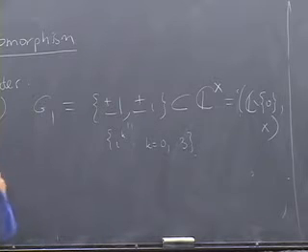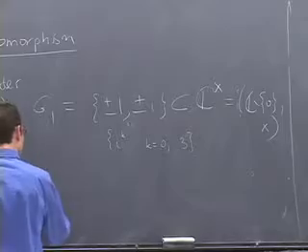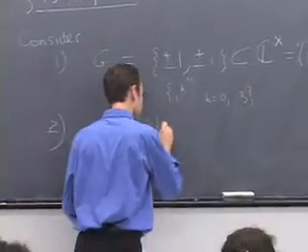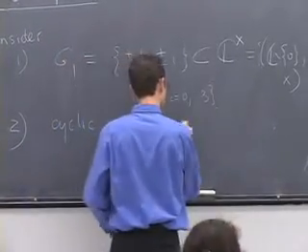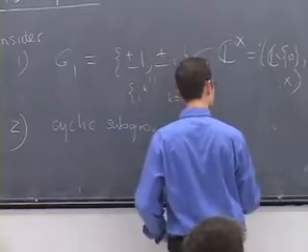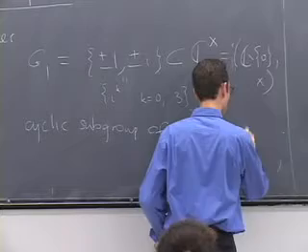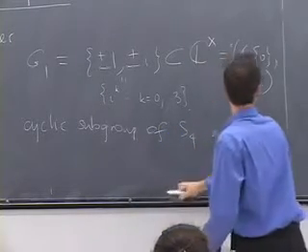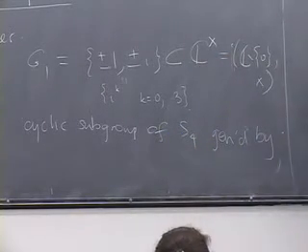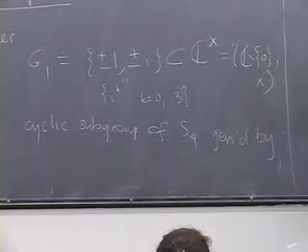Another group we'll consider is the cyclic subgroup of S4, the symmetric group on 4 letters, generated by something I'll call rho.